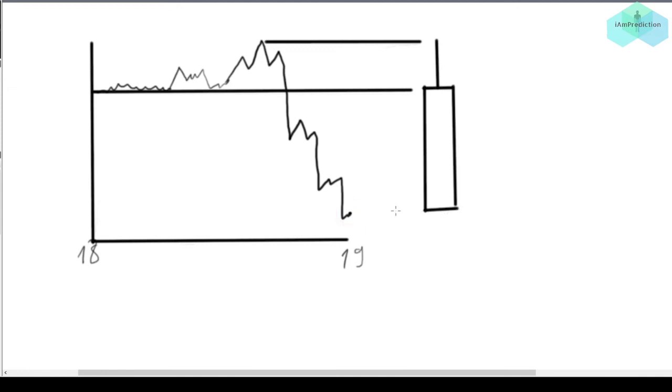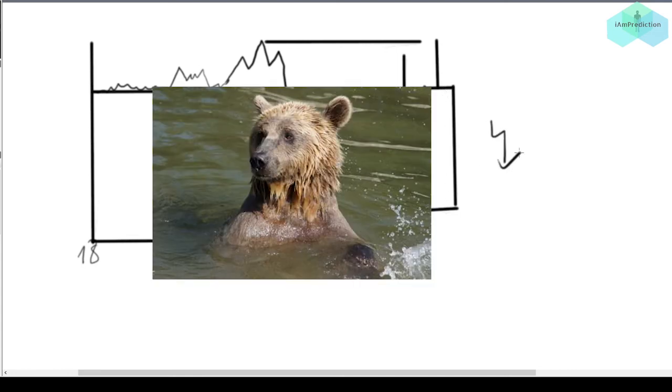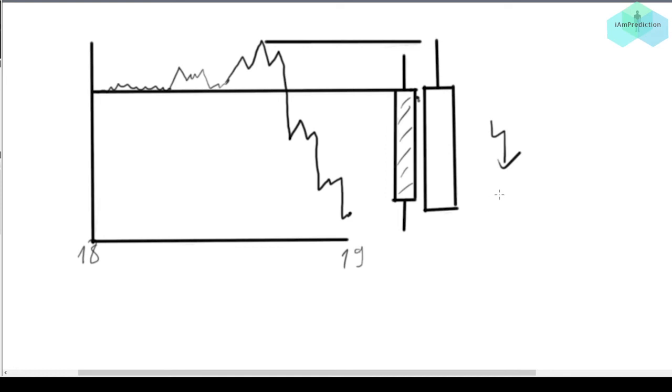If we compare it with the candle before that, let's say that these candles are one next to another, what does it say? It says that all the buying pressure was eaten by this candle here. So this signifies bearish pressure. This is one of the most common patterns that you're going to observe in a chart.